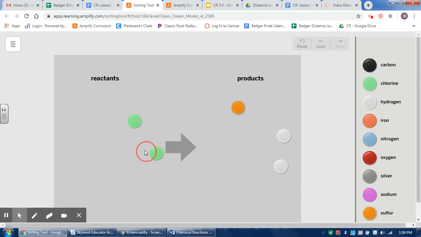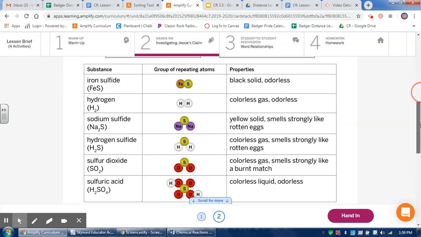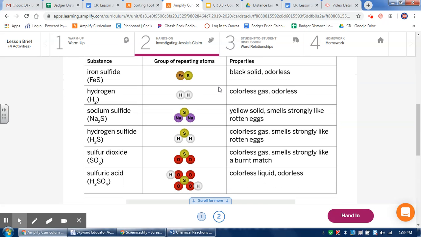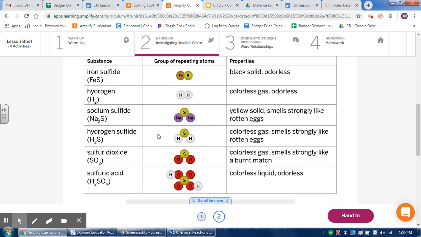I know that the two chlorine atoms were probably together as reactants, and in some shape and form, I had a sulfur atom together with two hydrogens. So all I really need to do is go back and take a look at what Dr. Young had in her lab. And I see right here that there's two hydrogens with a sulfur, exactly what I have here. I'm going to double check to make sure that's a colorless gas, which it is.